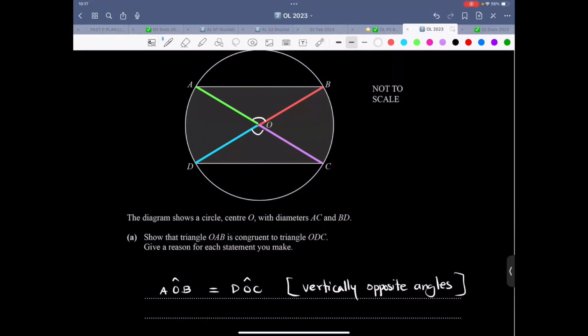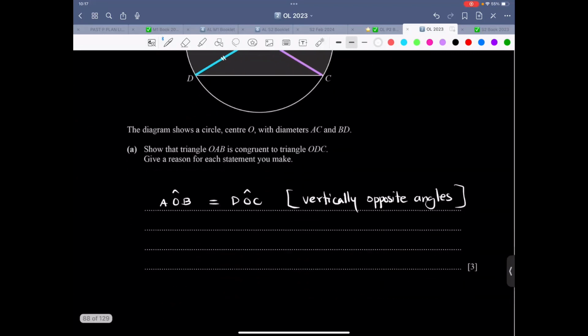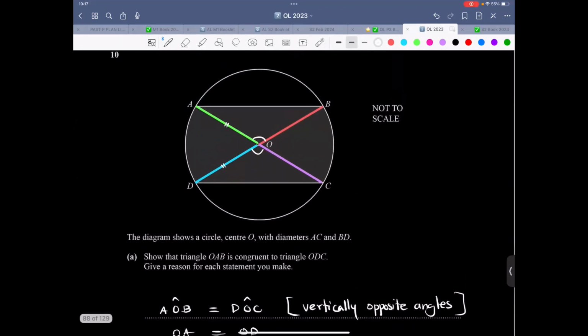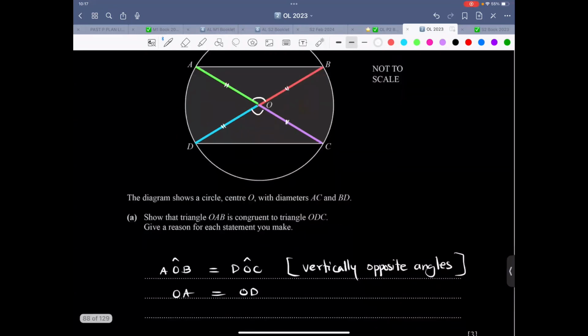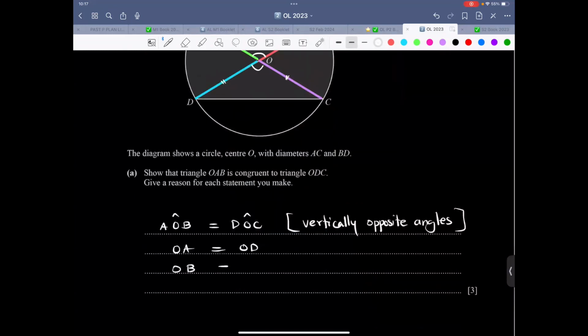That's the first thing. Now, if I compare one triangle to the other, so let me say that this length and this length is the same. So therefore, OA and OD is the same. So OA equals OD. Similarly, these two are also the same. OB equals OC. What is the reasoning?